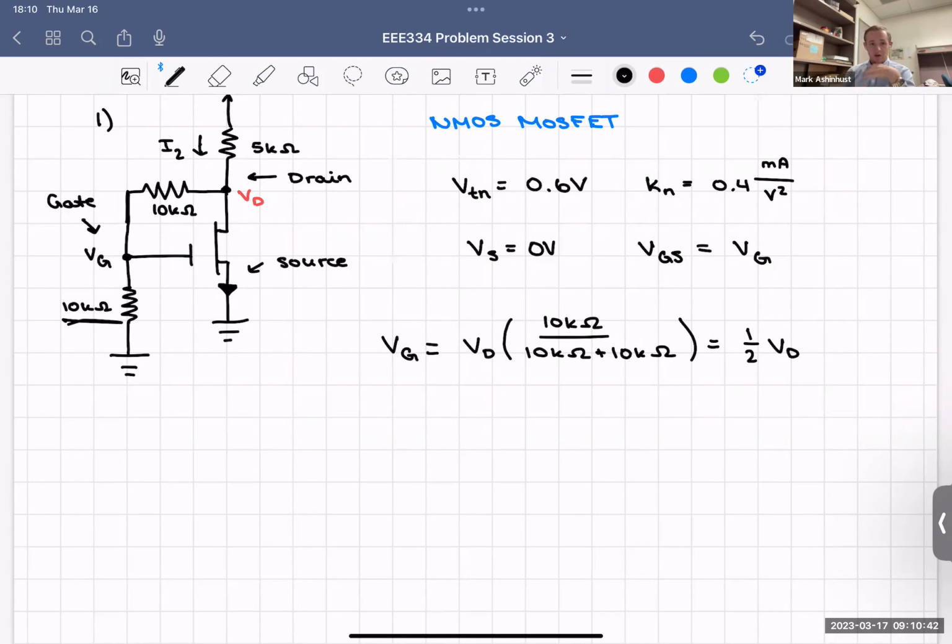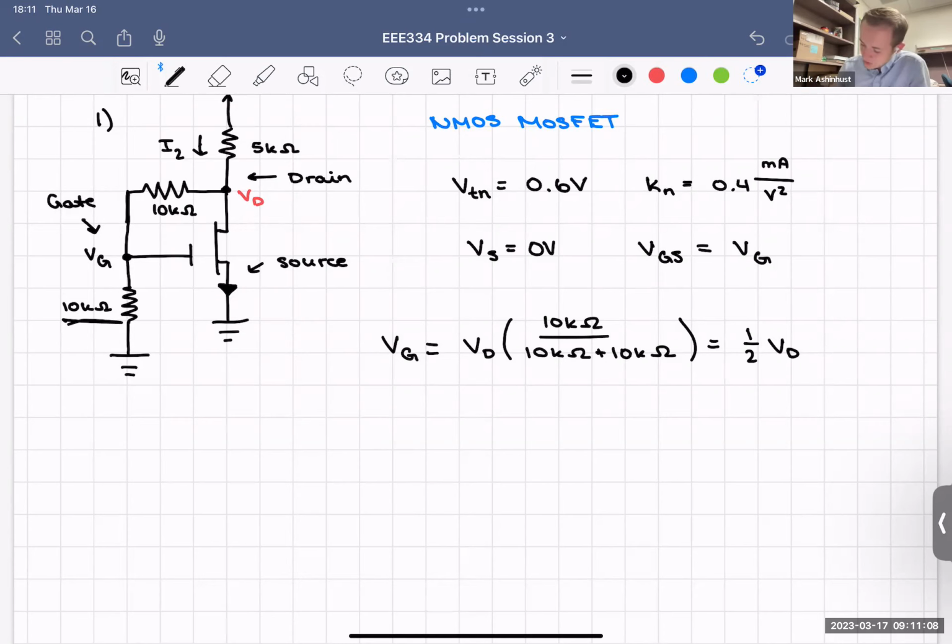So now let's choose a mode of operation. So let's focus on saturation. That's usually the one you want to focus on. That's most of what operation works on. Like when you're operating, you're going to be operating in saturation. So let's choose saturation.